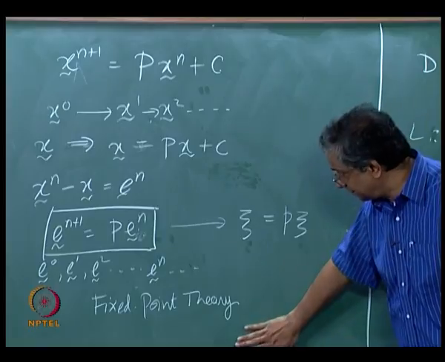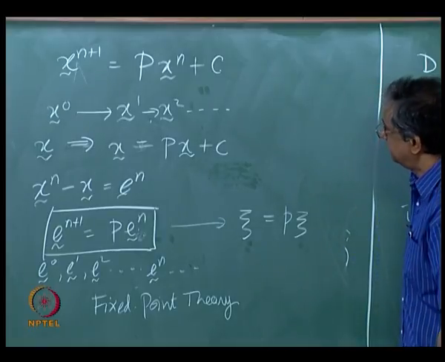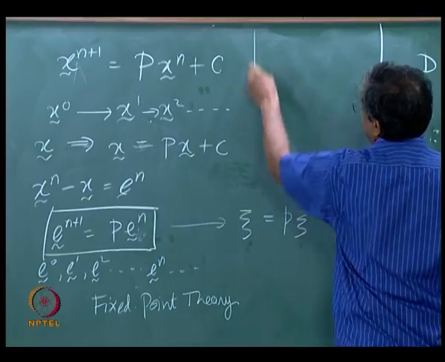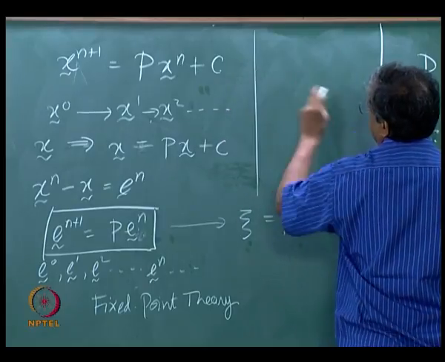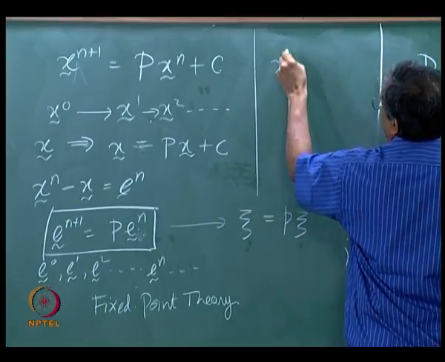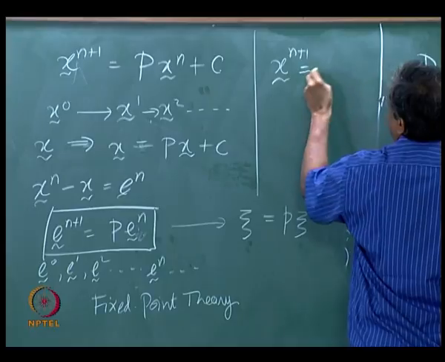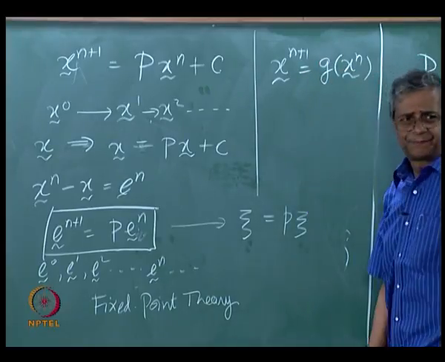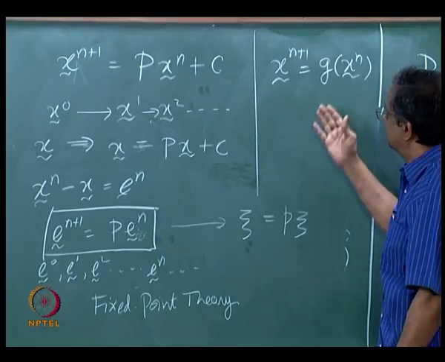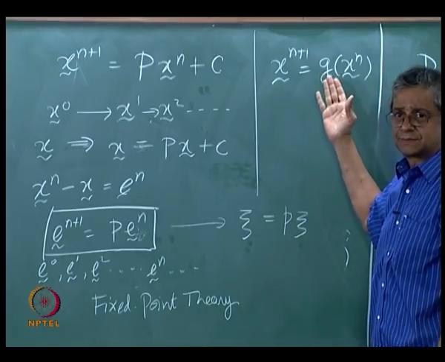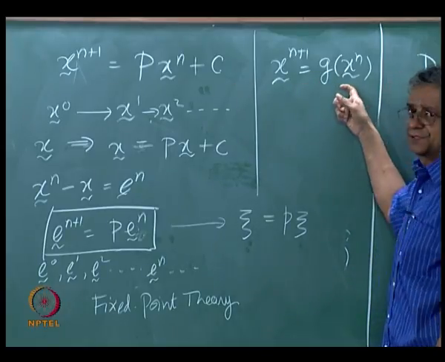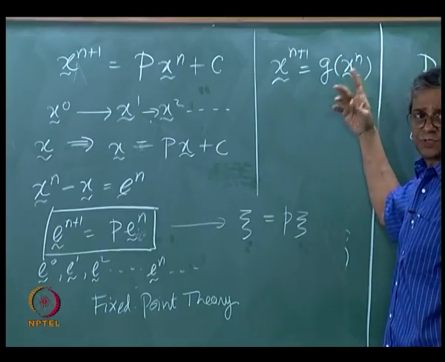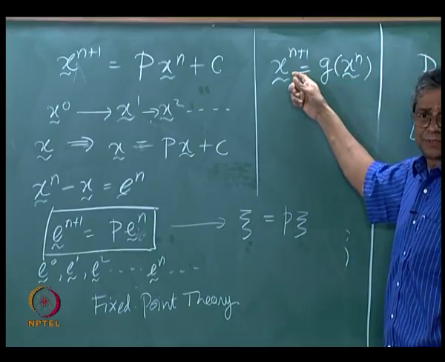So when do we do this? In general, this equation looks something of the form xn plus 1 equals g of xn. G is some arbitrary function. So most iterations will look like this. You give me an xn, you give me a guess, we perform some magic and you get a new xn plus 1.